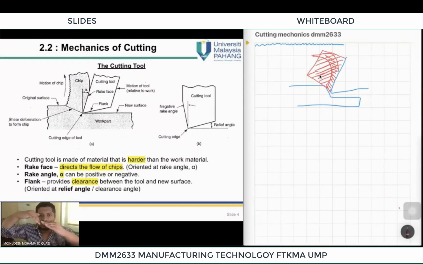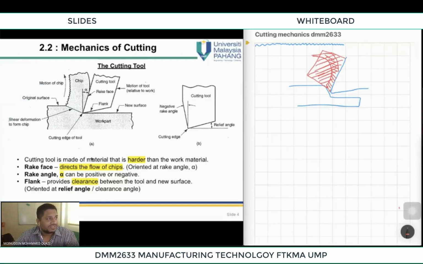The chip moves on the rake face. So the rake face helps the chips move outside. I want to remove material, I want to generate chips, and I also want to remove the chips. To remove the chips, the rake face helps in the flow direction. So the flow direction and removal of chips outside the tool is the function of the rake face.